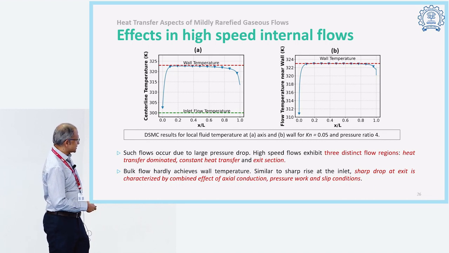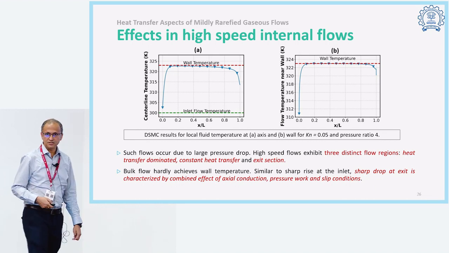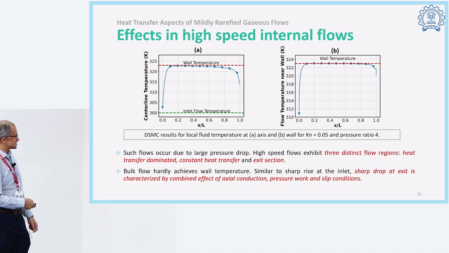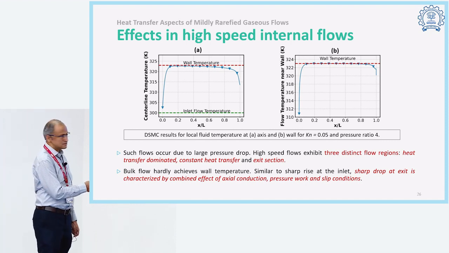Now, one can of course divide the flow into three distinct regimes. One is heat transfer dominated, which is the first part. The second part is a section of constant heat transfer and constant temperature. And then there is an exit section.